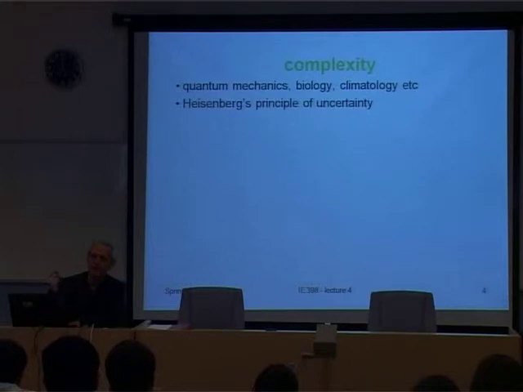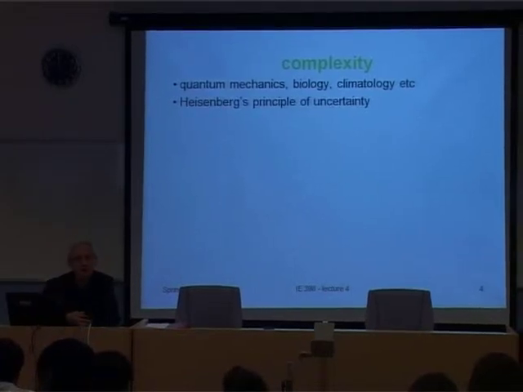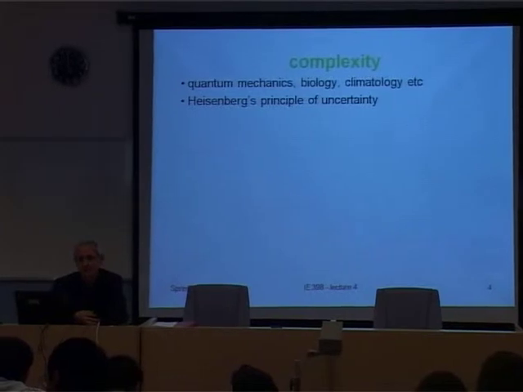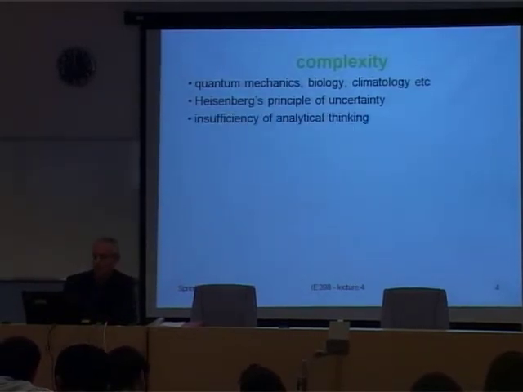If you try to measure the mass of an electron, for example, it becomes impossible to determine its momentum, its speed. If you try to measure the speed accurately, then it becomes impossible to measure the mass, which means that the observation of the electron actually affects the electron, and subject-object duality does not work in these cases.